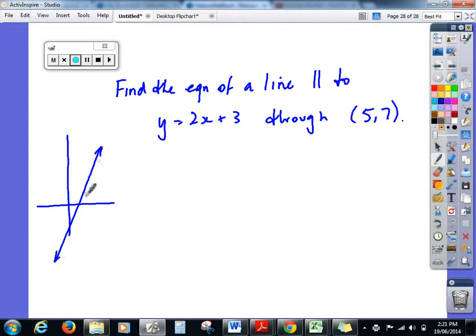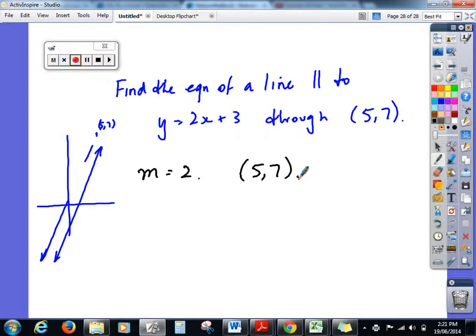We want a line which is parallel to that going through 5, 7. So let's put that as 5, 7. And we want the equation of the second line here. Okay? So if it's parallel, then the gradient of the second line will have the same gradient, which is 2. And all we need now is the gradient of 2 and the point 5, 7.